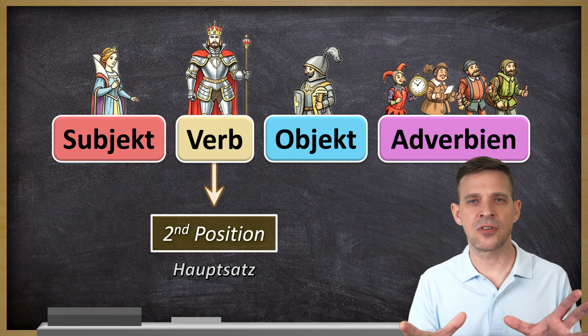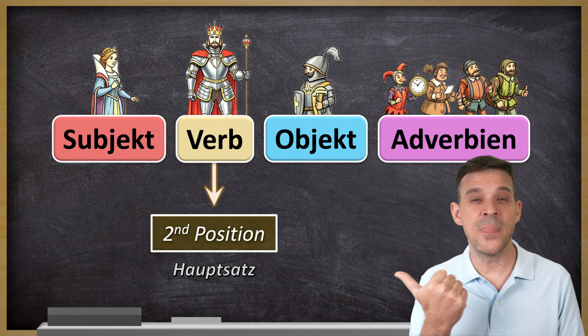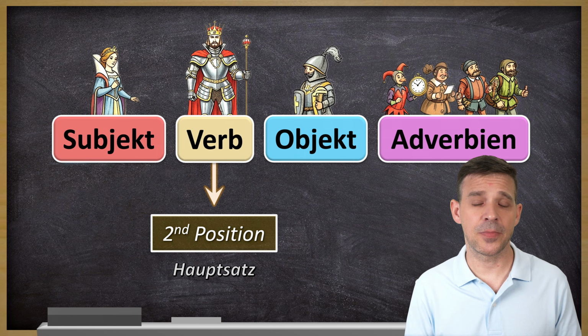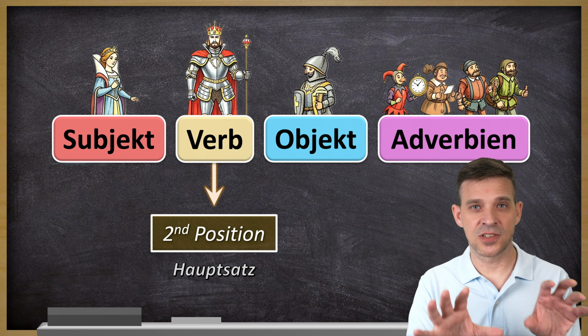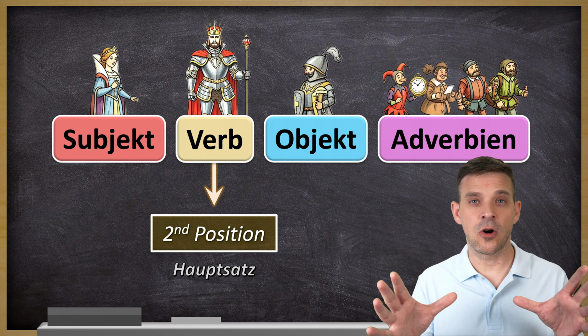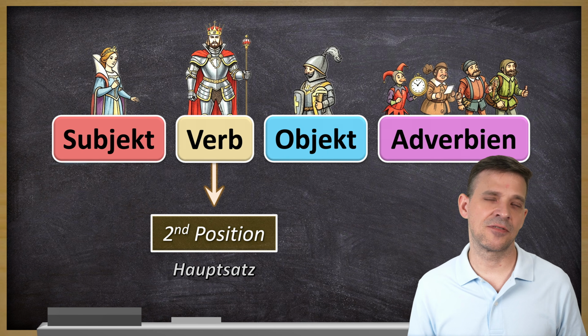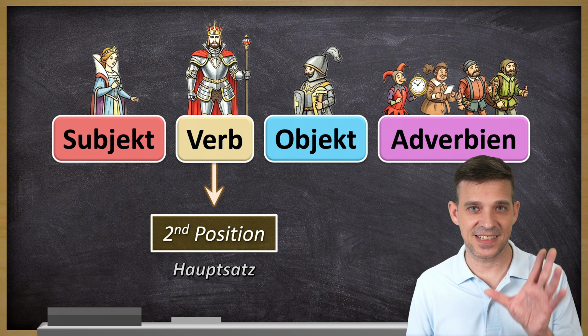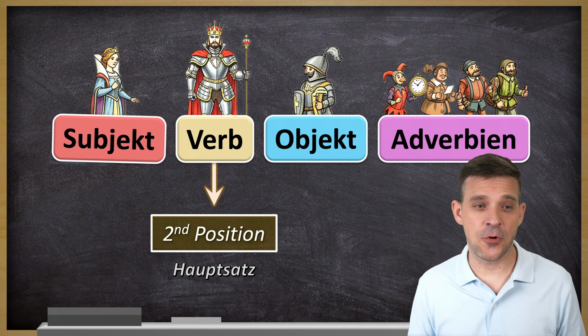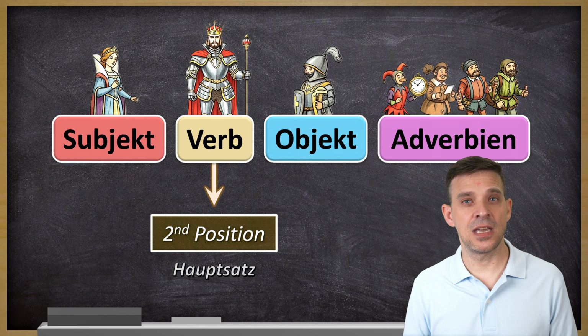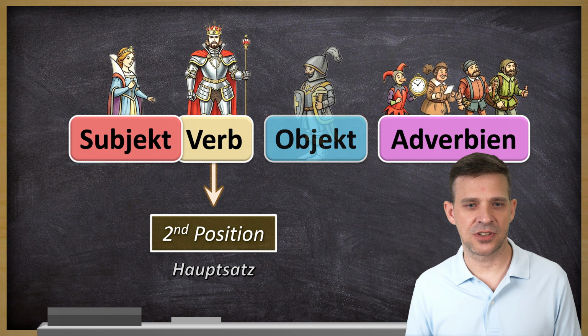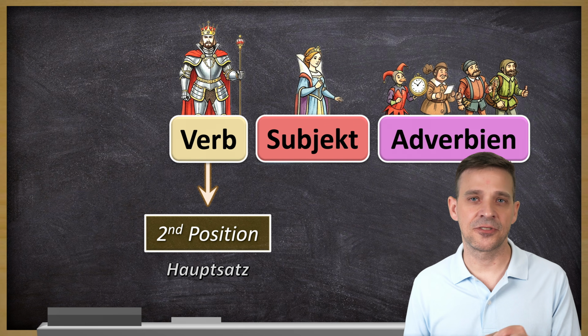The conjugated verb in each sentence, in each main clause. We will talk about main clause and subordinate clause later on in this video, but in a normal main clause, Hauptsatz, the conjugated verb is on second position. That's the king. Then we have the queen, and the queen can often be found on the first position or right after the king.